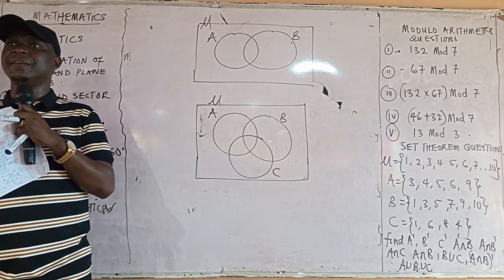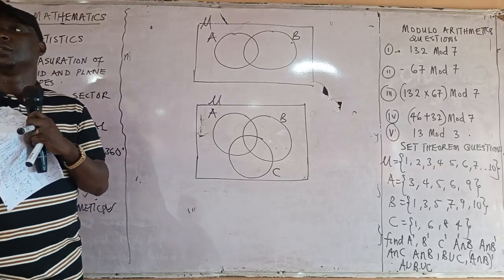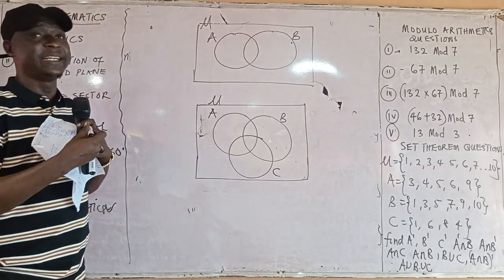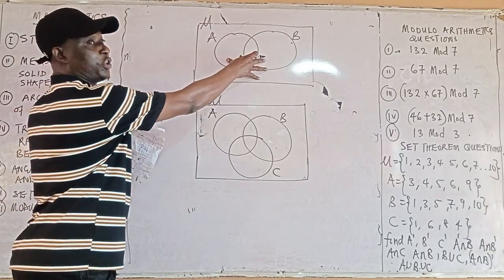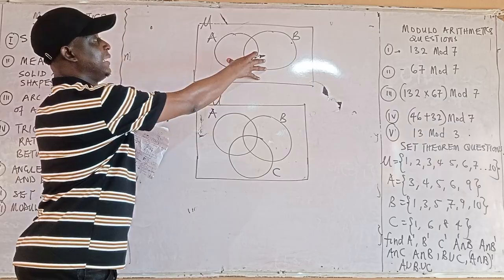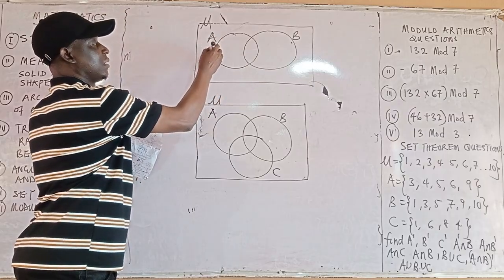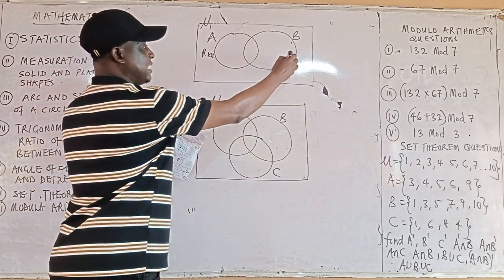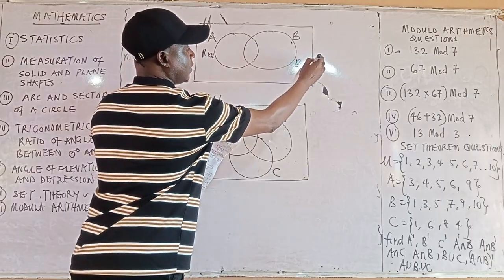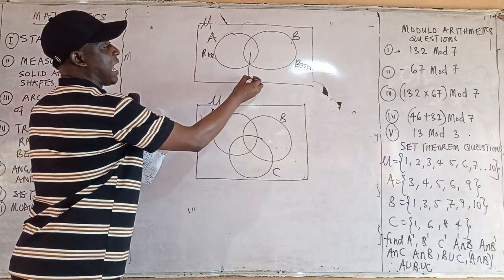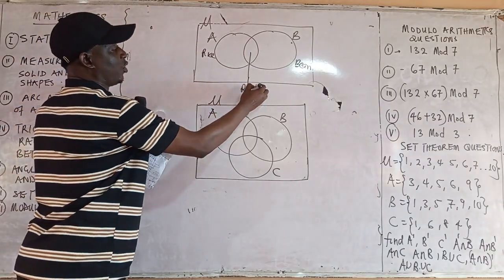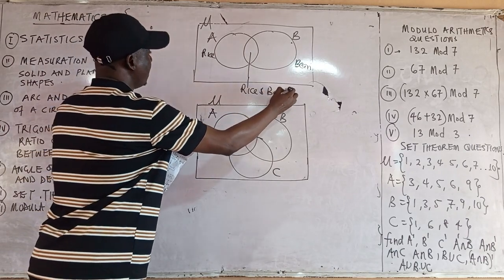Now, we want to explain the diagram. In explaining this, we have 3 different sections, or 4. Let's say this is rice, this is beans. This middle one, those are people who eat rice and beans.